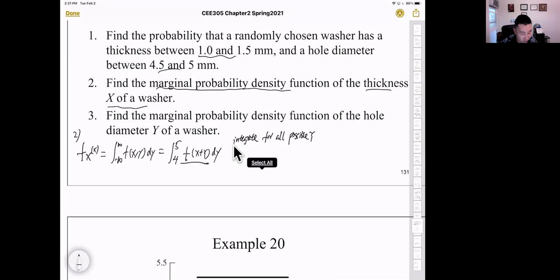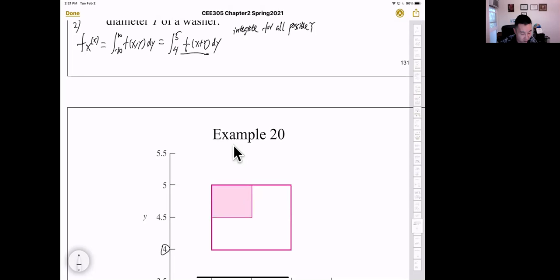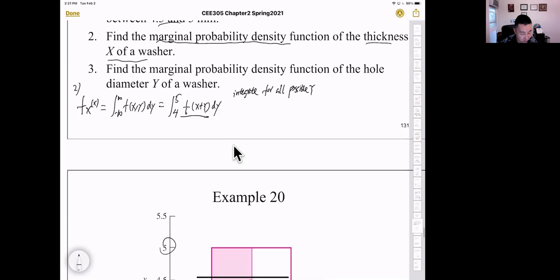We should do integration for all the possible y. The range for y is between 4 and 5, so that's why we do the integration between 4 and 5.